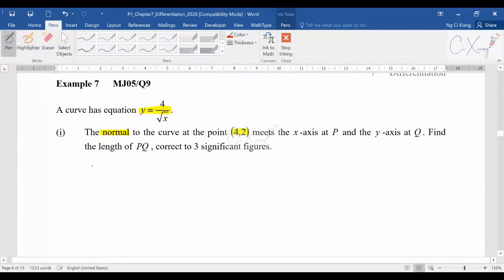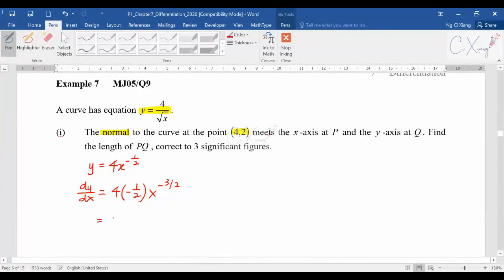Alright, so again, to get the equation of normal, I need to do the differentiation first. So I rewrite my equation as 4x to the power of -1/2. First step, I need to find out the dy/dx, which is equal to 4. You just copy, and then the power -1/2 you put in front, the x you just copy, power -1 becomes -3/2.